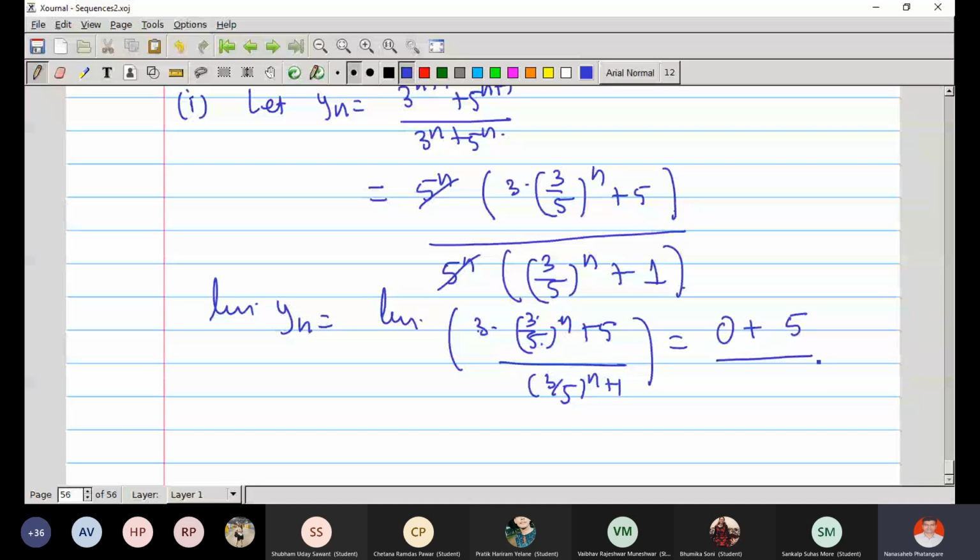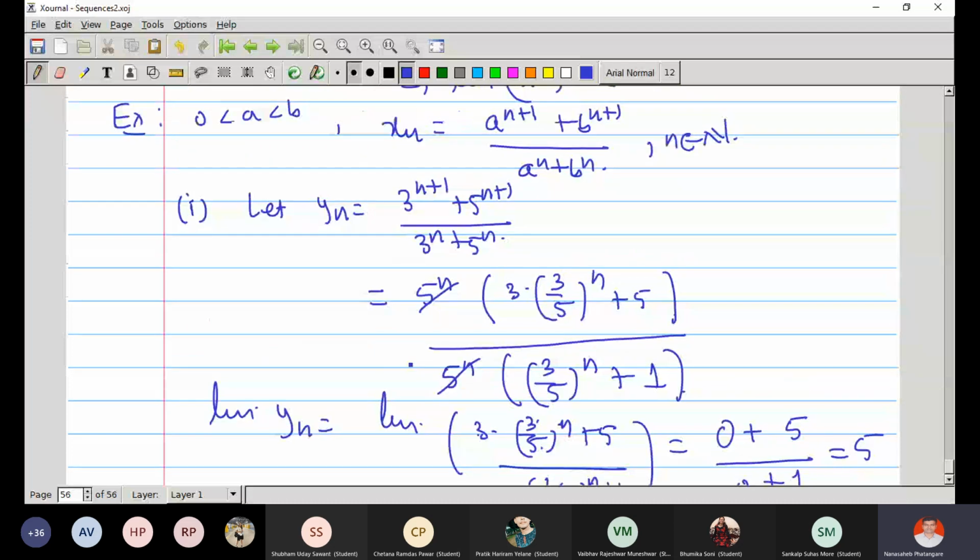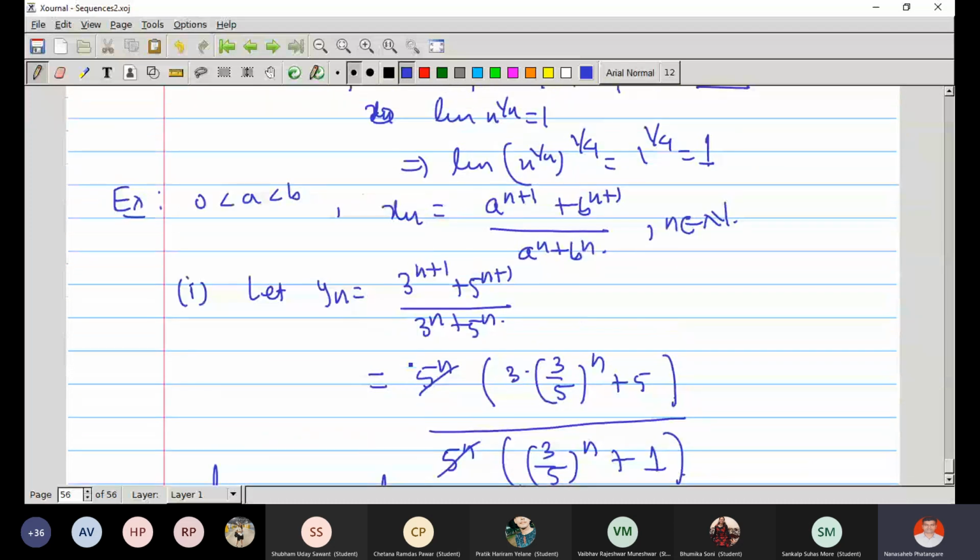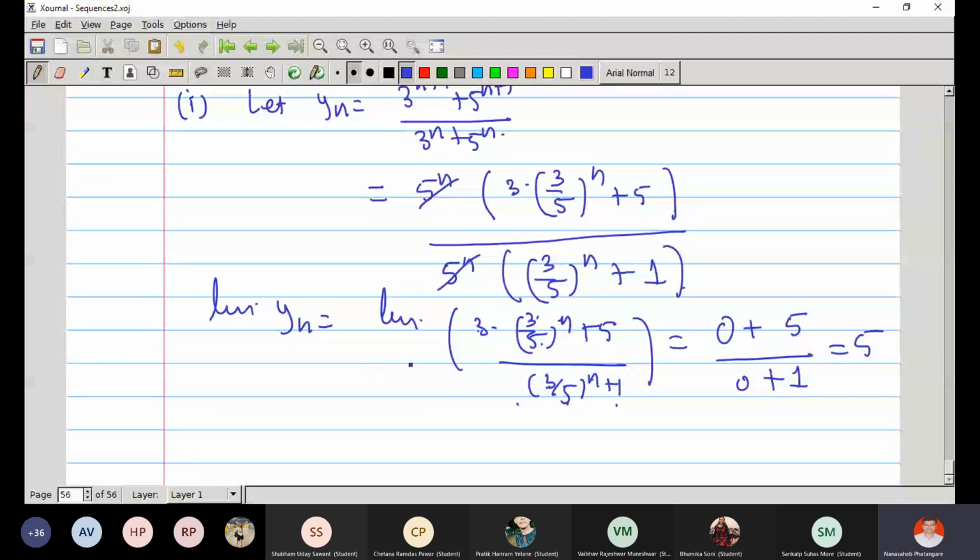In the denominator, 3 upon 5 raised to n as n tends to infinity, I am using the limit of a quotient is the quotient of limits, and then again the limit of a sum is the sum of limits. I am applying all those things. So the limit of 3 upon 5 raised to n is 0, the limit of 1 is 1, so ultimately the limit is 5, right. And here what is the main thing? 5 is greater than 3 that we used, right.